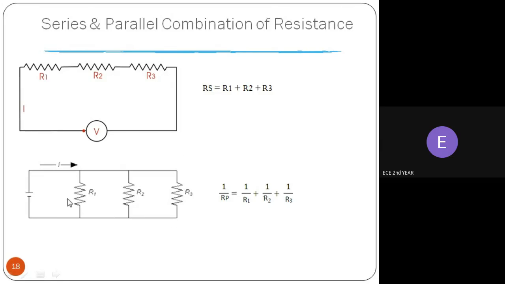Here R1, R2 and R3, all three elements, are connected in parallel. The total resistance in a parallel combination can be calculated with the formula 1 by RT equal to 1 by R1 plus 1 by R2 plus 1 by R3, where RT is the total parallel resultant resistance. So the total parallel resistance value is less than the individual resistances.